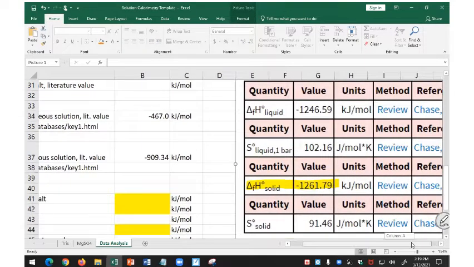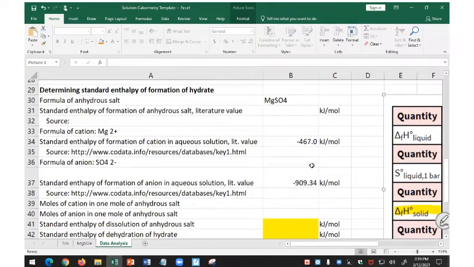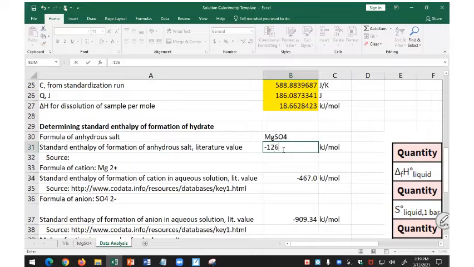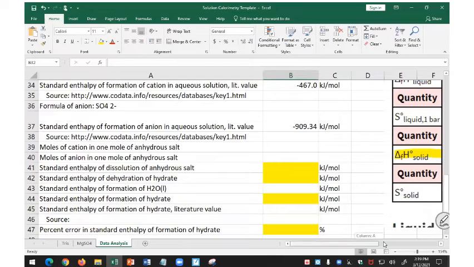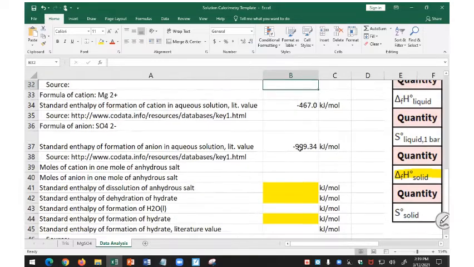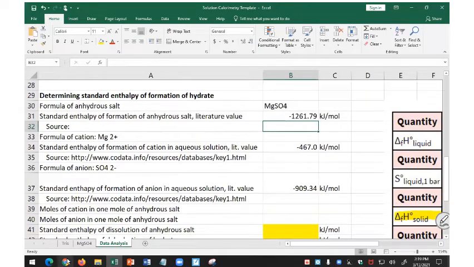So it's going to be minus 1261.79. Minus 1261.79. Is that what I have? If you want to take screenshots of the other one too, that's fine. Might as well do that.